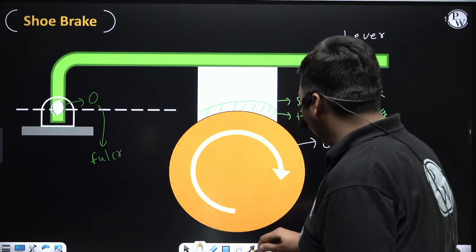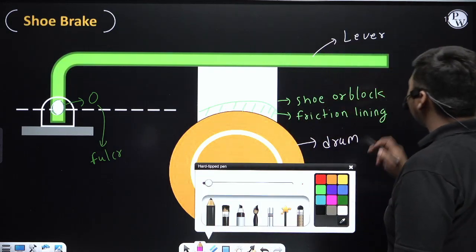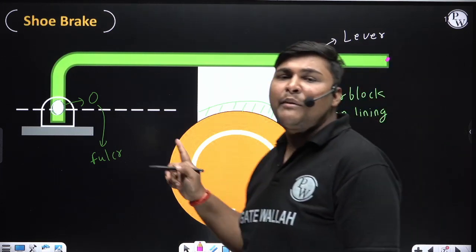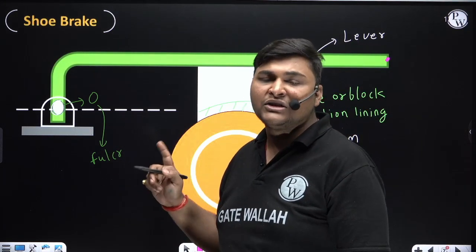For that we will apply braking effort at this location. A little later I will explain why I am applying braking effort at this location.